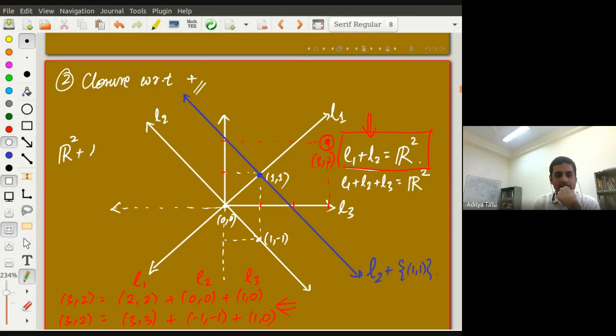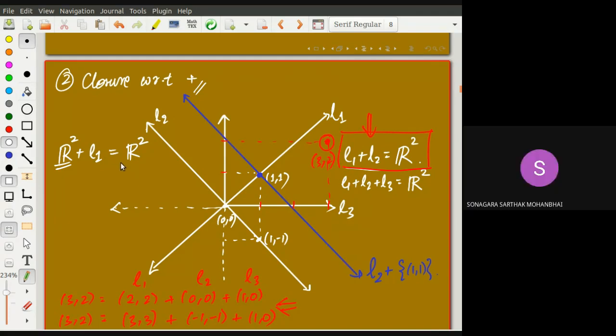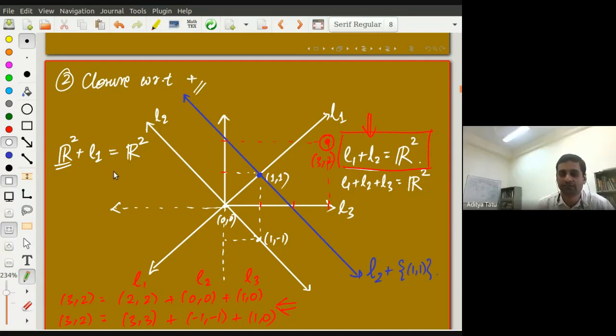Okay, how about this case? R2 plus line L1 is also R2, right? And R2 here can be seen as a subspace of V. In this case, will it be unique? No, right?